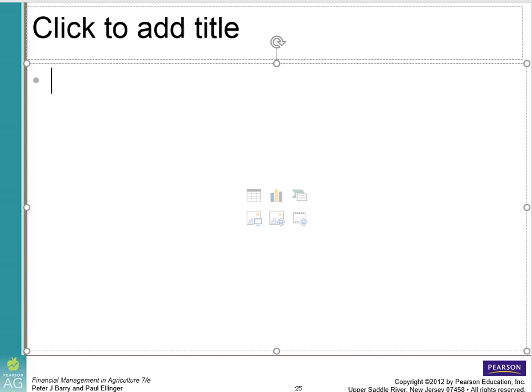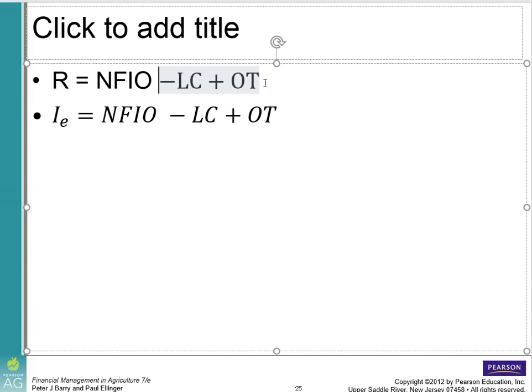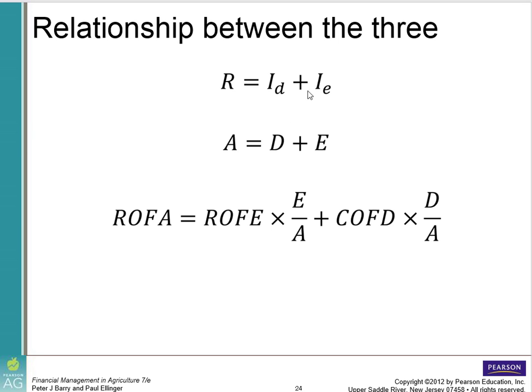All I'm saying is that if you have R equals NFIO plus ID minus LC plus OT, and we also know that IE equals NFIO minus LC plus OT, then if you combine the first three terms, instead of using these, you simply replace them with this right here. That's how you get R equals ID plus IE.